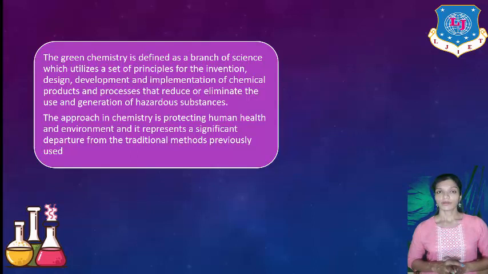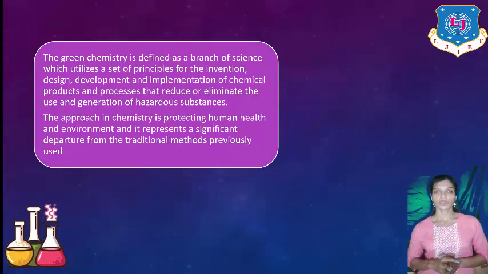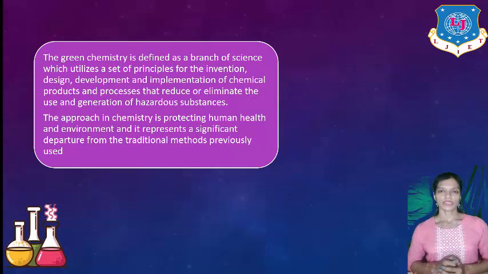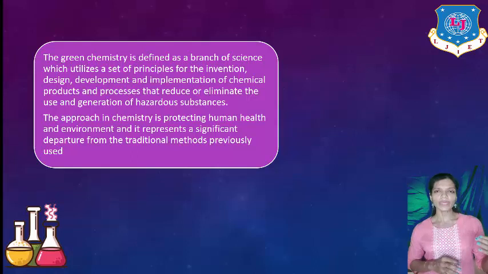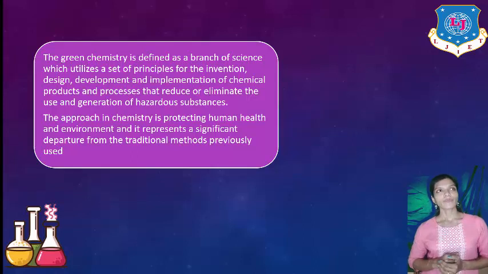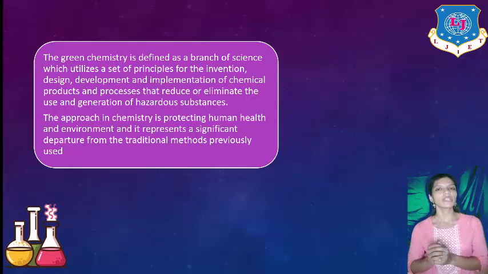As I told you earlier, the usage of chemicals leads to hazards. What we need to understand is that we provide solutions to those hazardous processes, or we find options for hazardous substances.